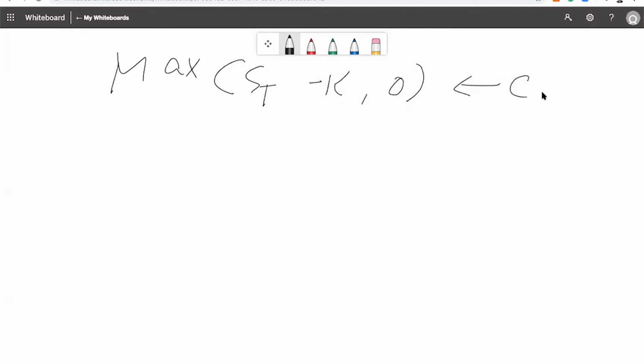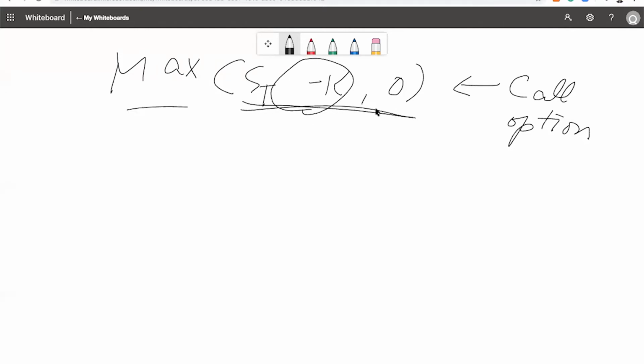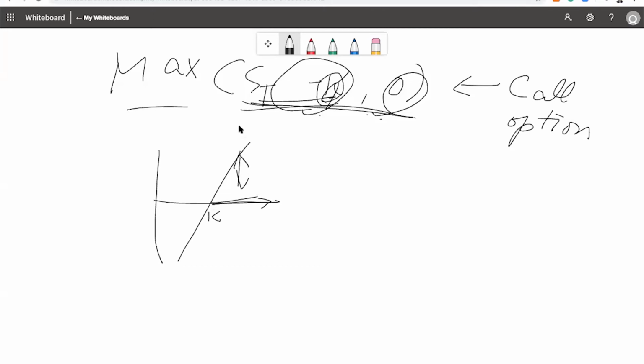So this is the call option. If you think about this one, the max function just takes the maximum of these two. ST minus K is this one. K is fixed, and when ST is greater than K, then this part is positive, so this part is ST minus K. But when ST is smaller than K, then this whole line is actually a negative number.